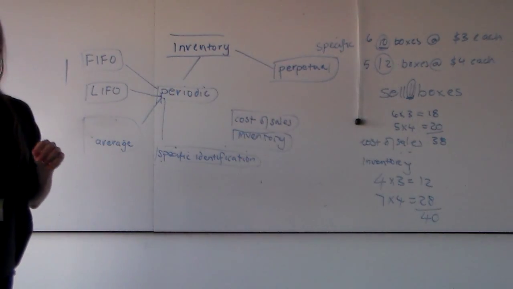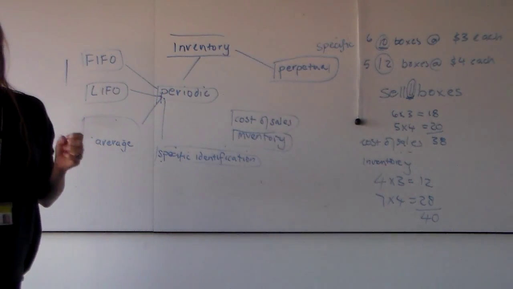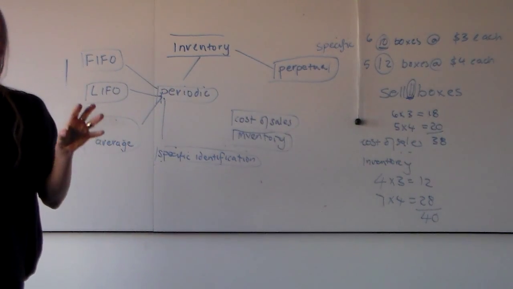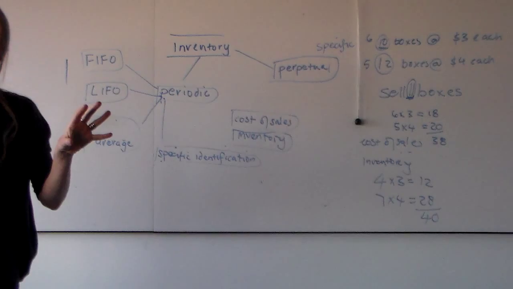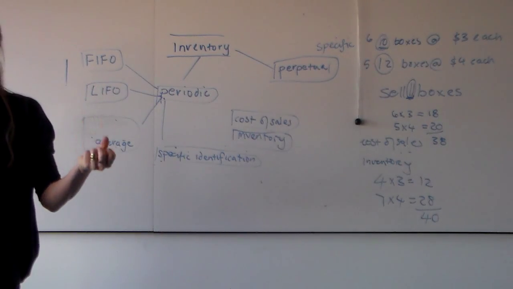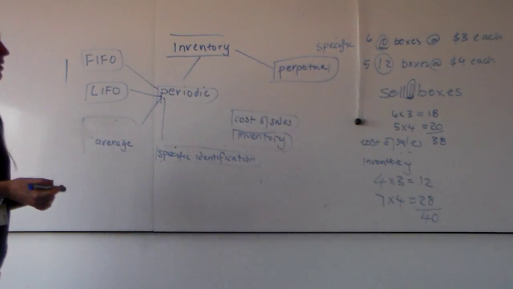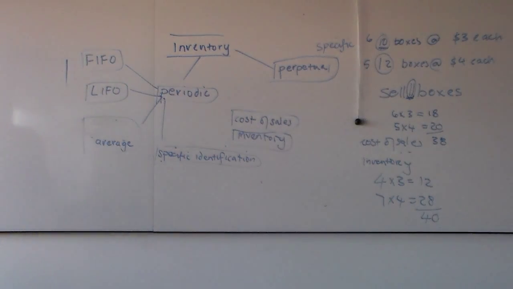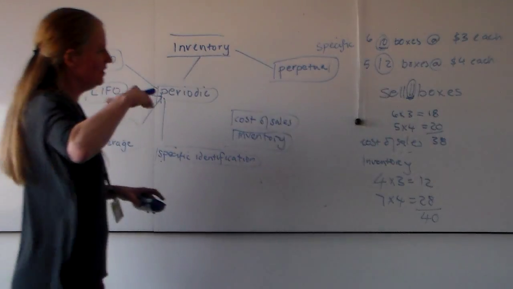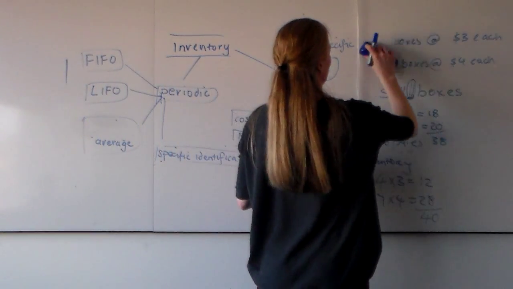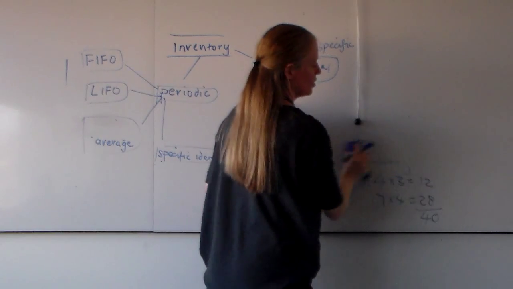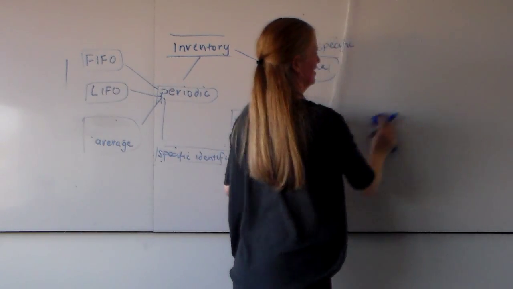So basically at the end of the year, you just say how many have I sold, how many have I got left, and you then work out what the values of each of those are going to be. But with the perpetual system, you actually have to work out each step of the way what your inventory is worth and what your cost of sales is.